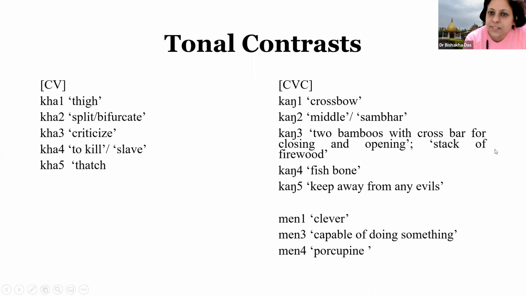Now let's go to this CVC structure. Kang. Kang is crossbow. Kang is middle or sambar. Kang is stack of firewood or 2 bamboos with crossbar. Kang is fishbone. And Kang is keep away from any evils. And there's another set of words, men. Men is clever. Men is capable of doing something. And men is porcupine.